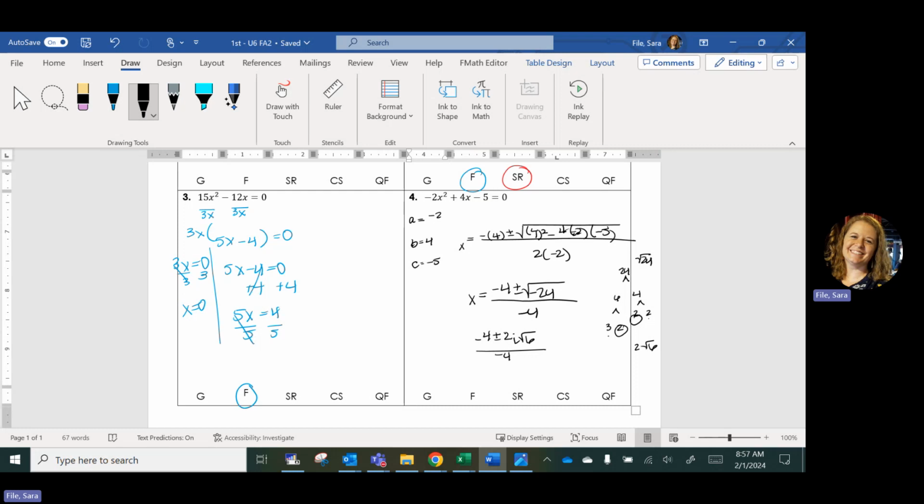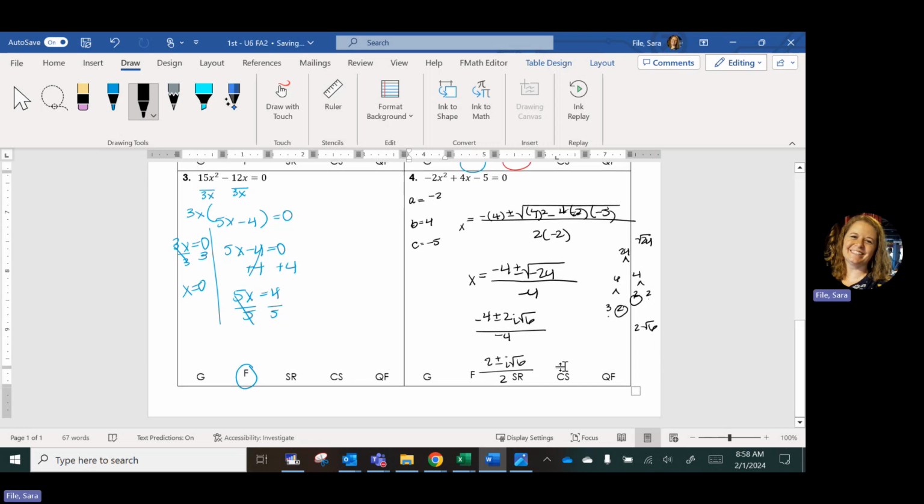That's going to become positive, and I don't need to worry about the sign change because of that plus or minus for the second term. So that's going to become 2 plus or minus I root 6 over 2.